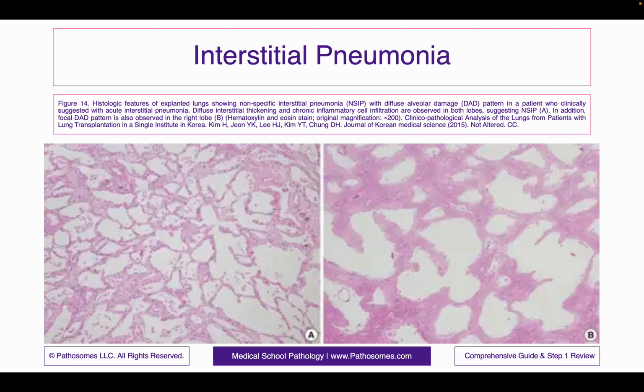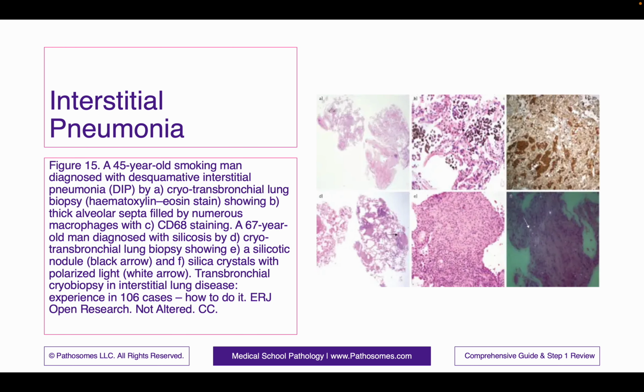And now at the microscopic level, we can see some histologic features of interstitial pneumonia. Note the diffuse alveolar damage that is present as well. And in this imaging of H&E specimens, we can see the tissue from a 45-year-old male who was diagnosed with interstitial pneumonia.